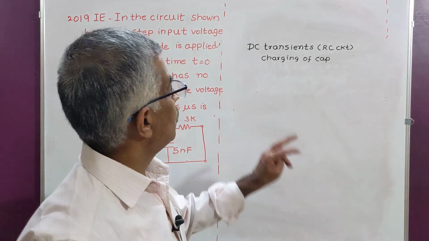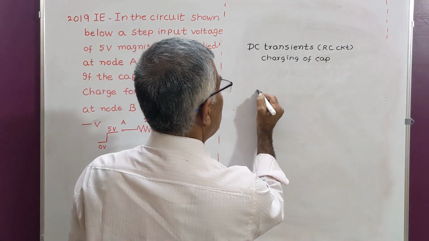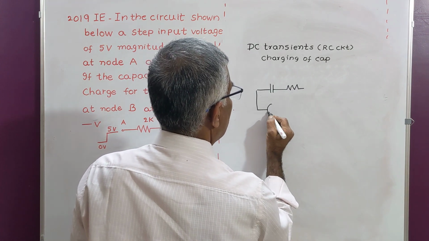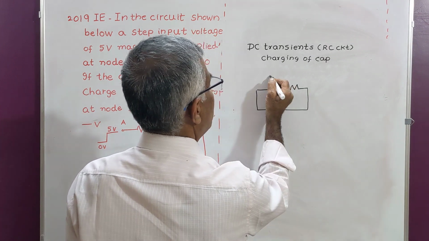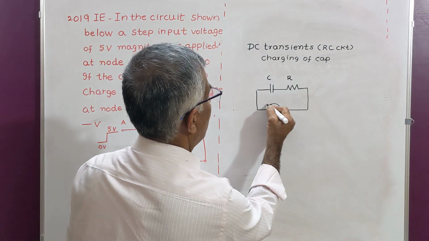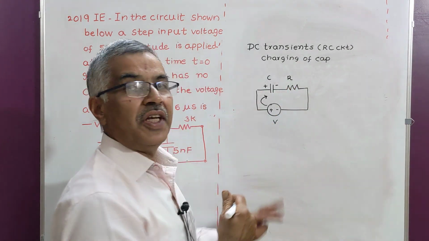Now students must know what is charging of capacitor in a circuit. If a capacitor is connected through a resistor to a source of voltage, the capacitor is going to acquire voltage from the supply and charging takes place.